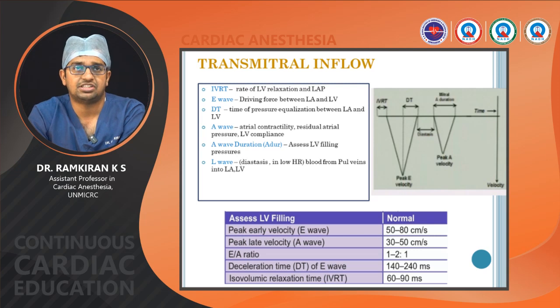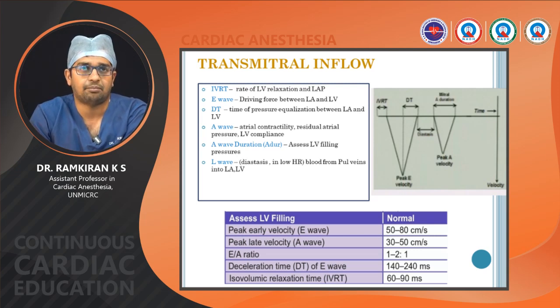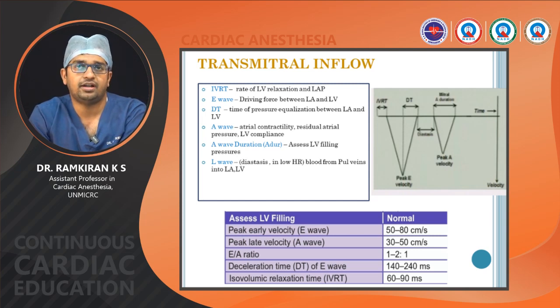The E wave is the driving force between LA and LV. Deceleration time is the time of pressure equalization between LA and LV, and the A wave is because of atrial contractility. A wave duration is important to assess the LV filling pressures, and finally the L wave, that is diastasis, is seen whenever the heart rate is too low because of blood from the pulmonary veins flowing into the LA and LV.